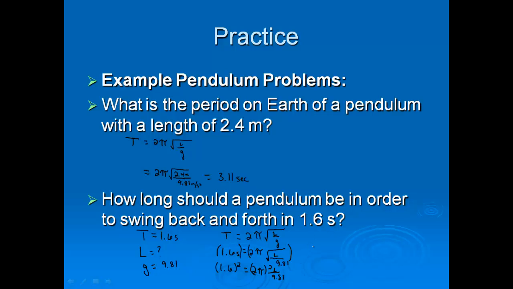And if you solve for that, you will end up with 2.56 is equal to 2 pi squared L over 9.81.